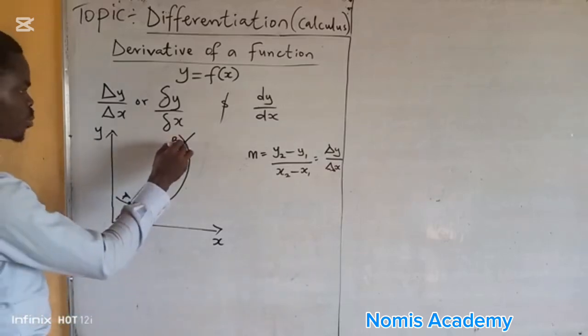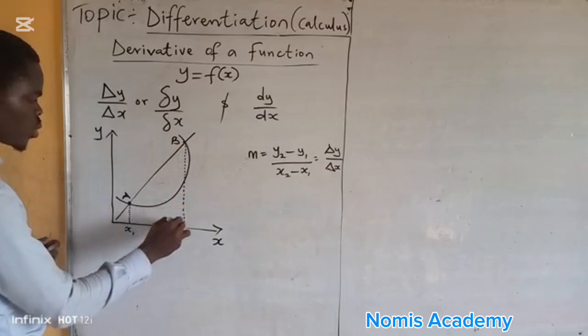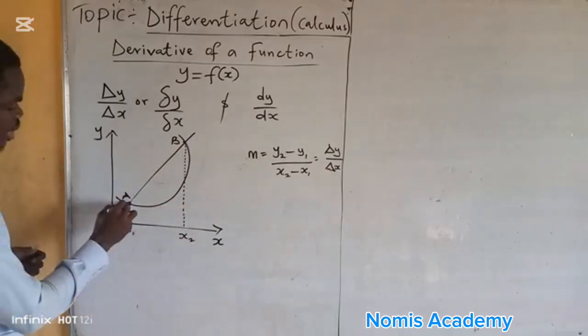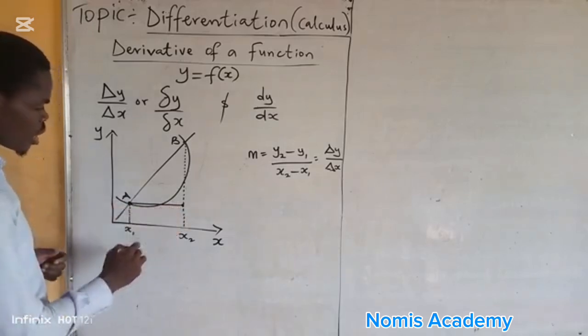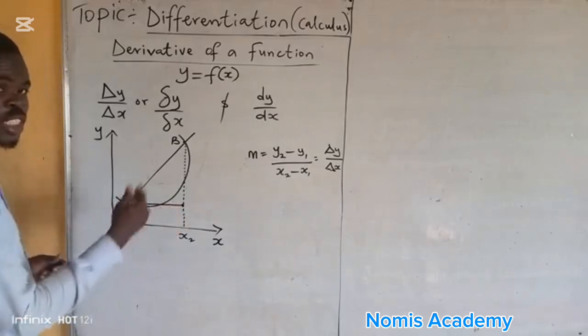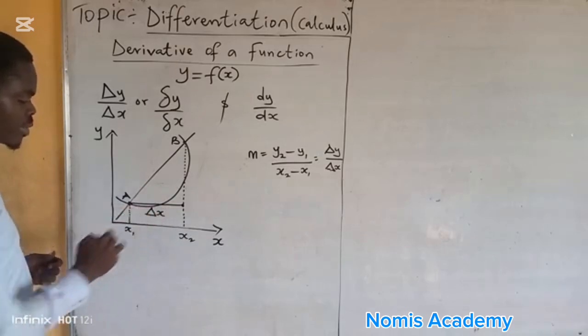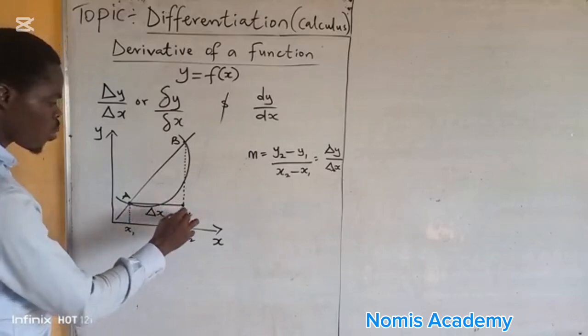And then from this point, we trace it down to the x-axis. We have x2. So the distance from here to here is what we call the change in x, or delta x.